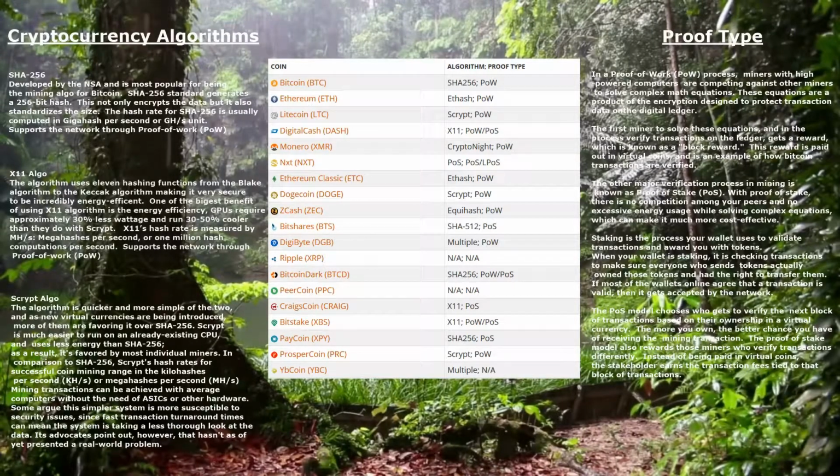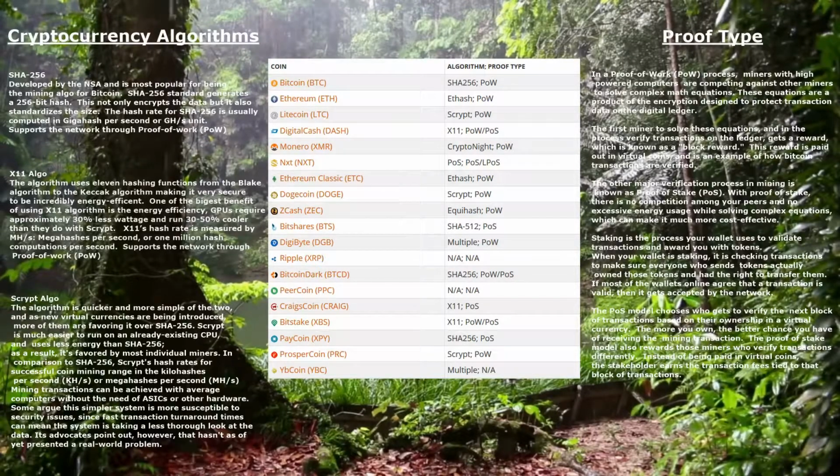So as a result, it's favored by most individual miners right now. And in comparison to the SHA-256 algo, Scrypt's hash rates for successful coin mining range in the kilohashes, KH, or megahashes per second, MH. And mining transactions can be achieved with average computers without the need of powerful ASIC machines or additional hardware.